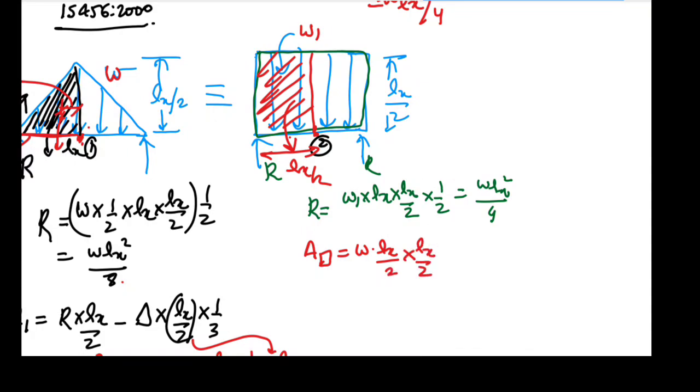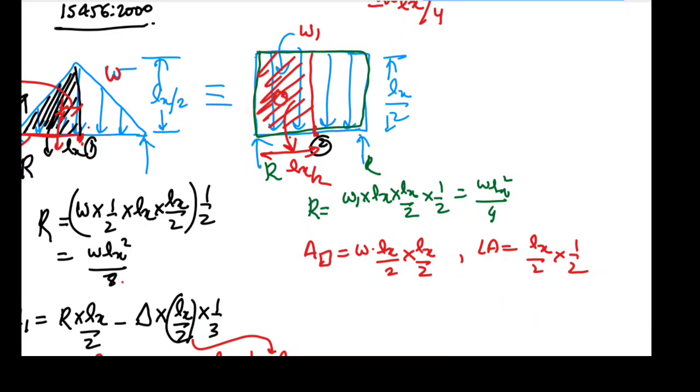This is the area. And what is the lever arm? Lever arm is Lx by 2 into 1 by 2, because the lever arm is at the center. Okay, here is the lever arm, center.